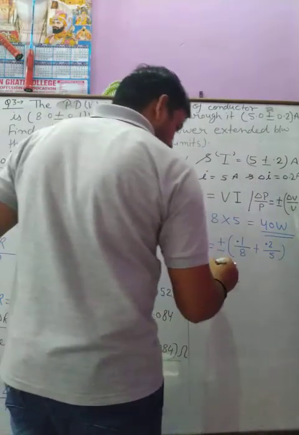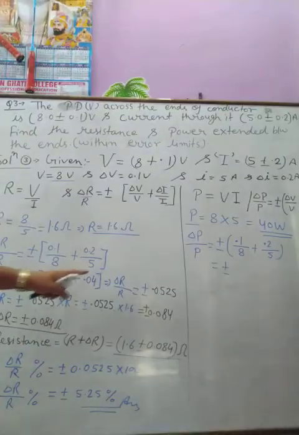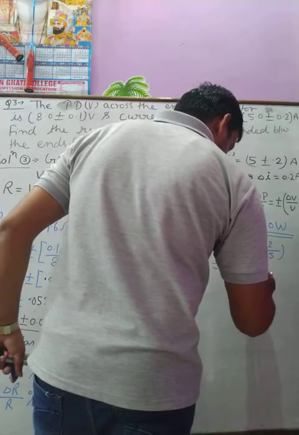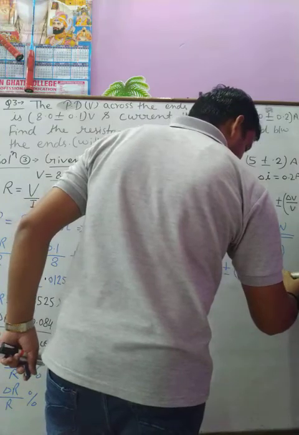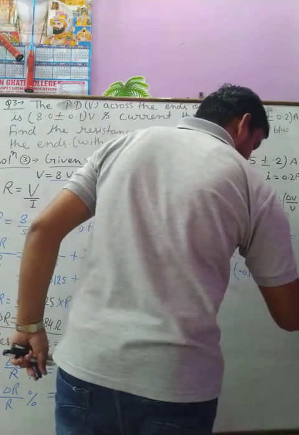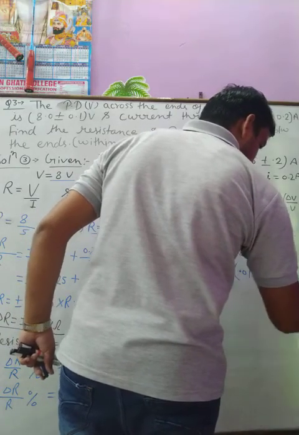So student, on solving this we get the same result as we solved before. That result is 0.0125 plus 0.04. On solving we get plus minus 0.0525.